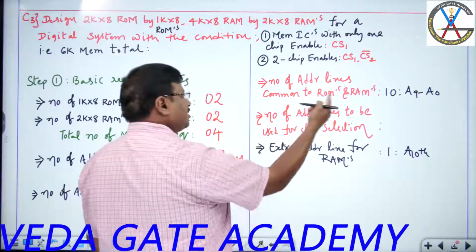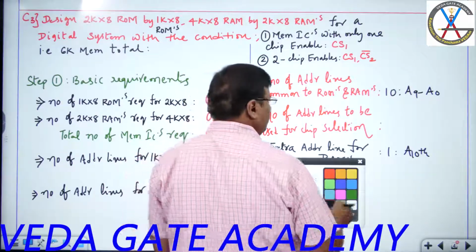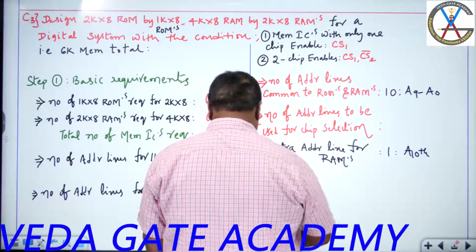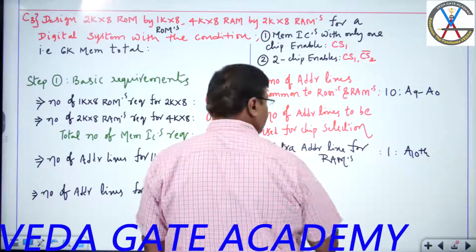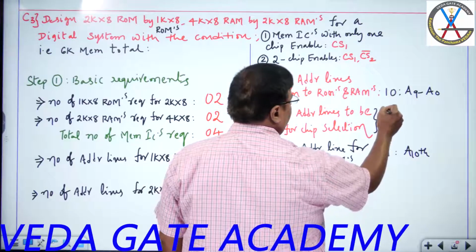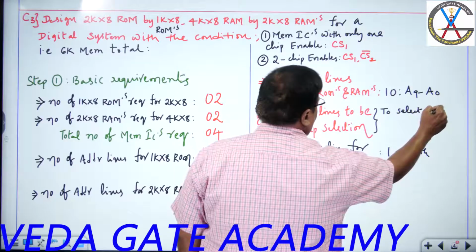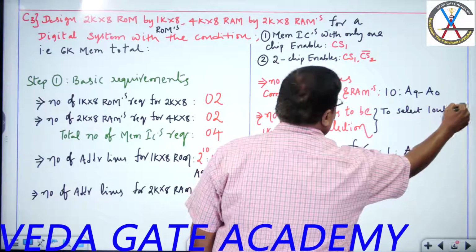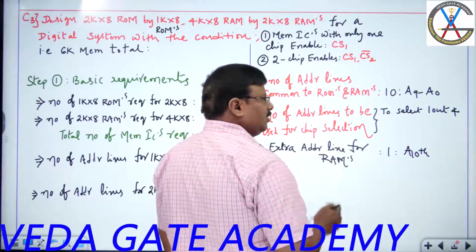Number of address lines to be used for chip selection. Here, to select 1 out of 4. Who are the 4? 4 memory ICs are involved in total, 2 of 1K, 2 of 2K.